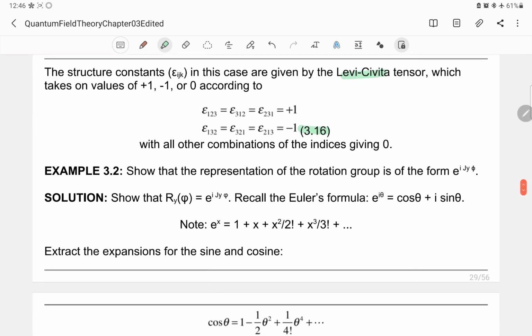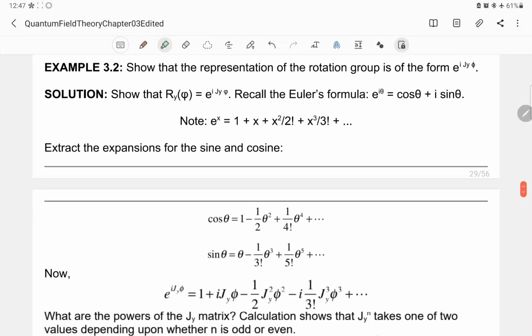So now we'll go to an example. Show that the representation of the rotation group is of the form exponential of i Jy phi. Now we have to show that Ry of phi is just equal to exponential of i Jy phi.